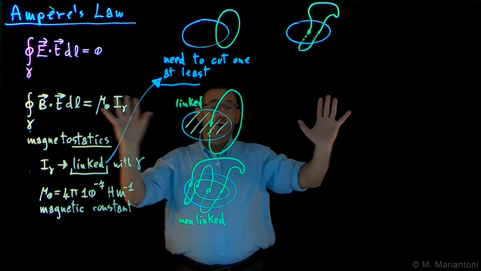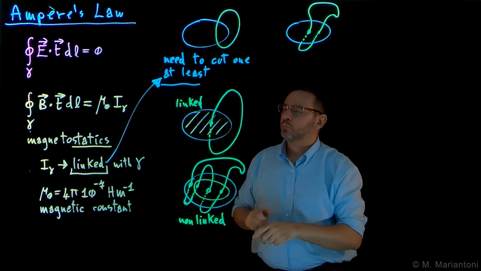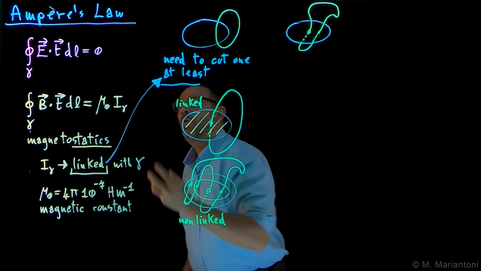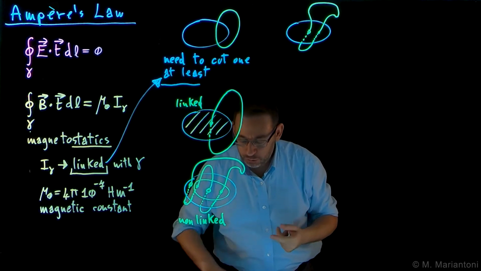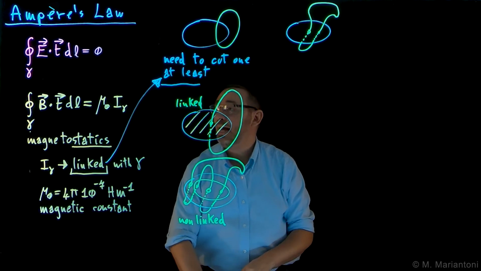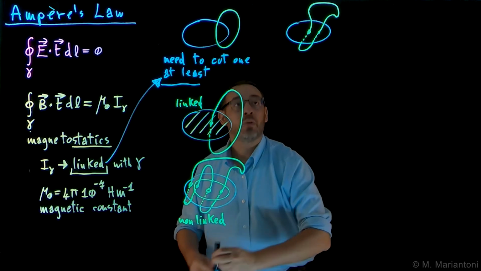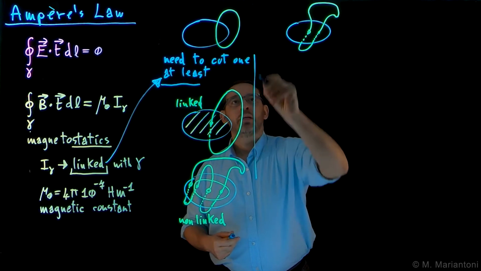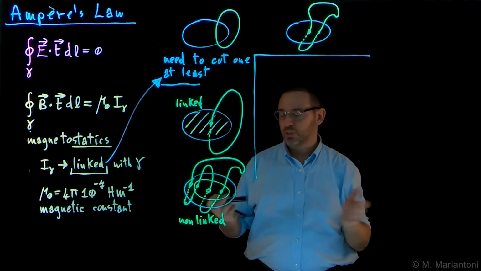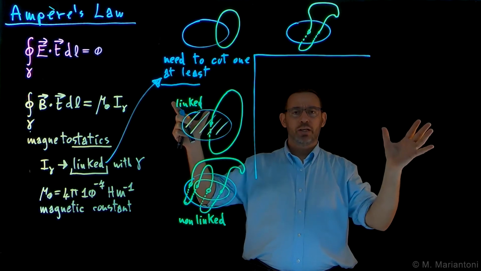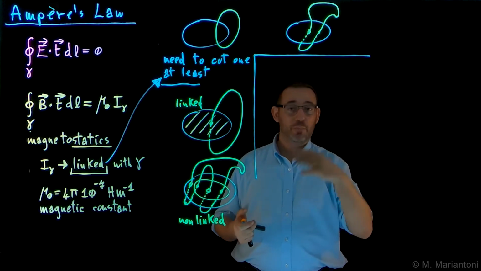Great. So now that we know what linkage means formally, we need to understand a bit better what this linked current I gamma is. We need to do an example, because I gamma, as it turns out, is the algebraic sum of all possible currents in the system I'm considering. Usually we're considering a bunch of circuits where there are currents, so I can have many of them.